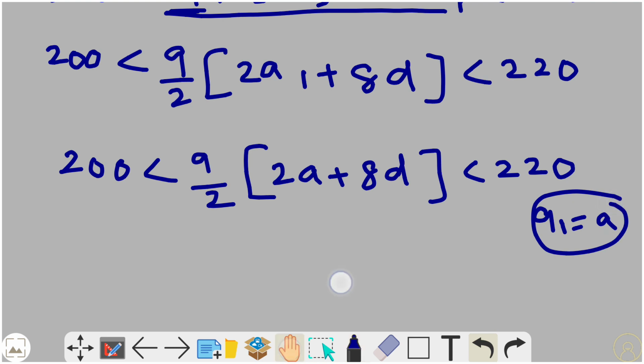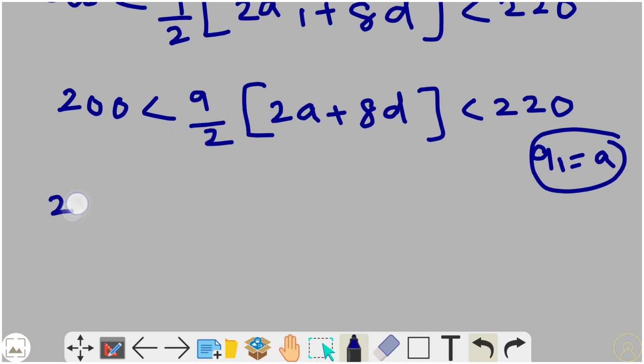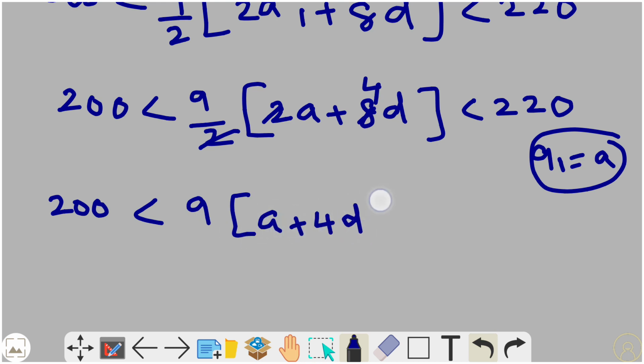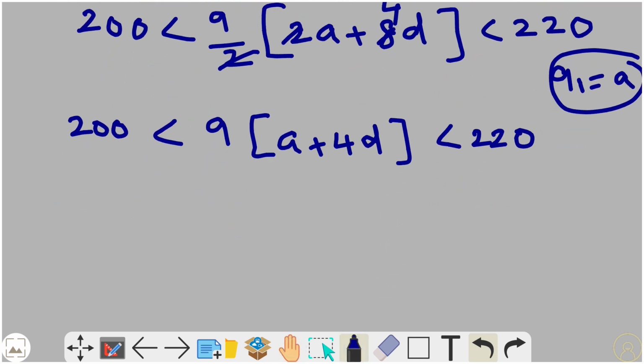So 200 less than, 2 into 2 is 4, so 9 times (a plus 4d) less than 220.